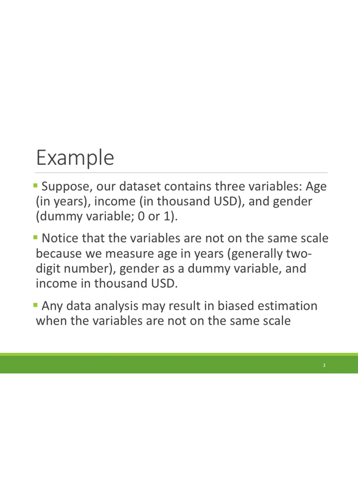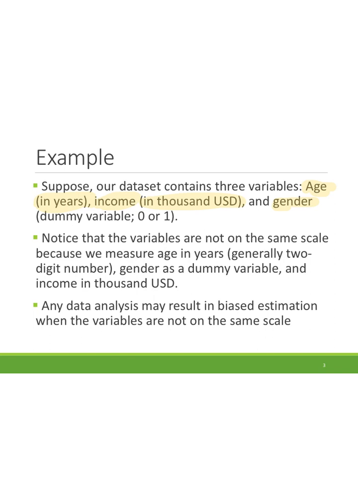Suppose we have a data set and it contains three variables. One is the age of the participant or the consumer, then the income of the consumer. Age is in terms of years, how many years old you are. Income we measure in terms of thousands of US dollars. And then we have the gender, whether it's male or female.